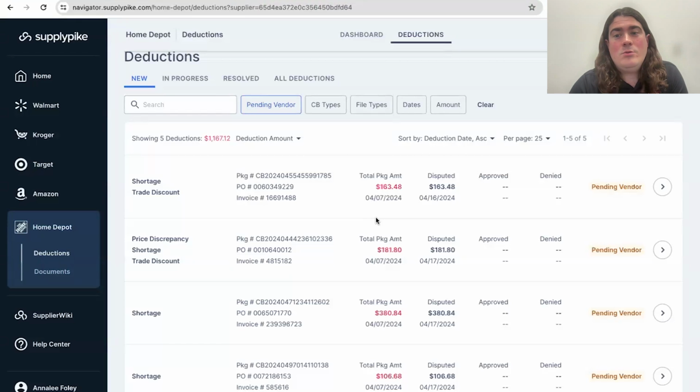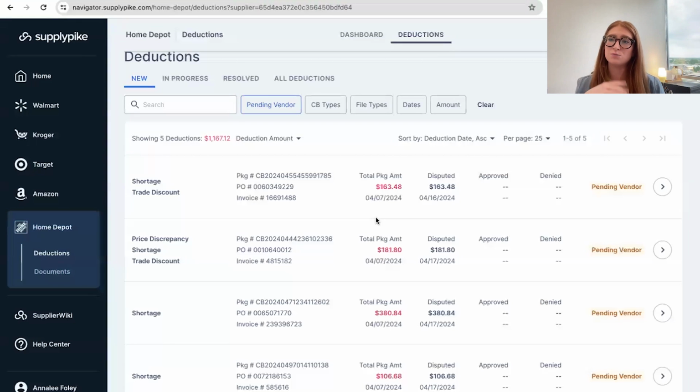When do you close a dispute package? Follow-up question to that. Great question. So just as Home Depot updates the status on dispute packages, we will mimic those statuses exactly as well. So you dispute, it goes into Home Depot action.